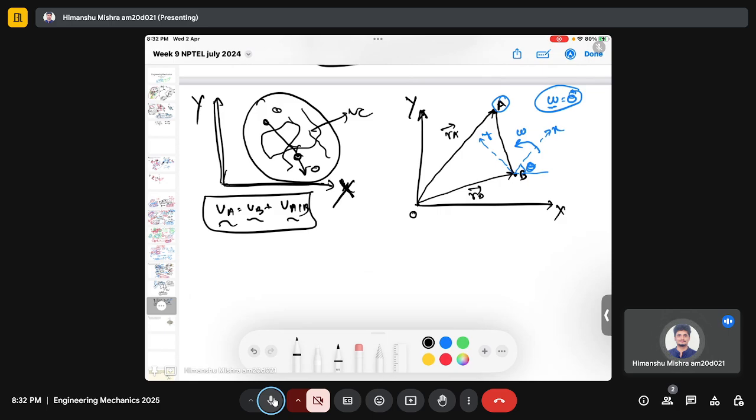But this equation is valid only for the fixed frame. Now we are concerned about this rotating frame. We need to analyze the motion of point A with respect to point B, and point B lies in the rotating frame of coordinates, small x and small y, and it is rotating.